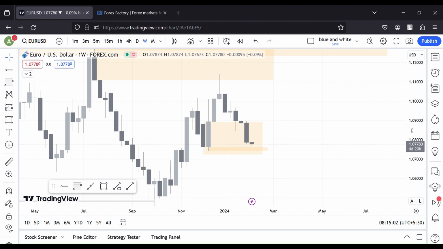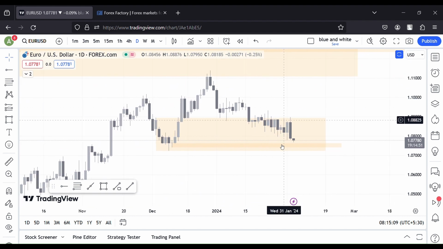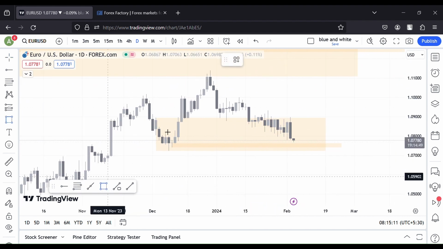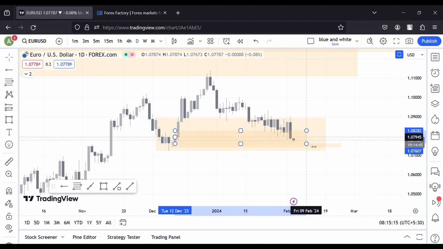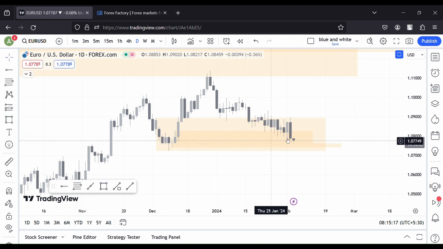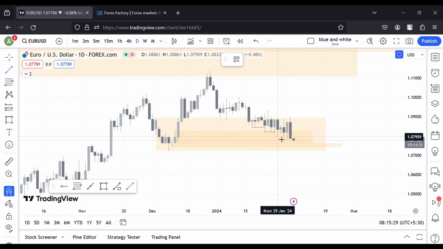So let's move to the dailies now. This is the daily chart, and we can see that we are inside an order block right here. The price is reacting from this order block, and now what are we doing? We are sweeping the lows continuously. The price is being reluctant to break below the structure.